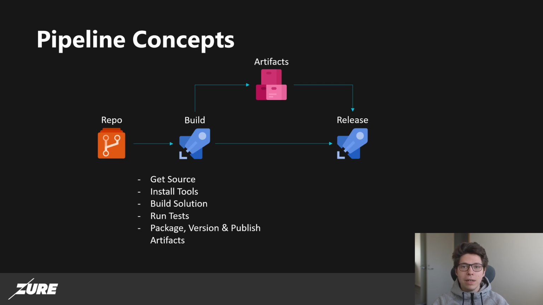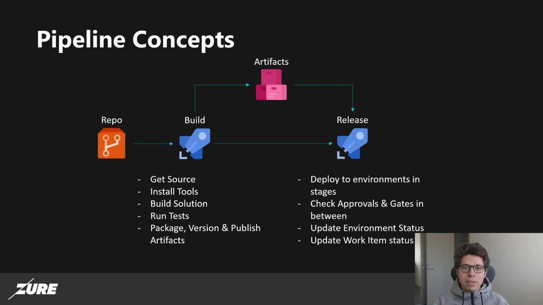So you don't need to have a single pipeline doing the whole build and release structuring. But the release pipeline, anyway, has these kinds of tasks. As the name says, it releases to environments in different stages. And it can check approvals and gates in between.